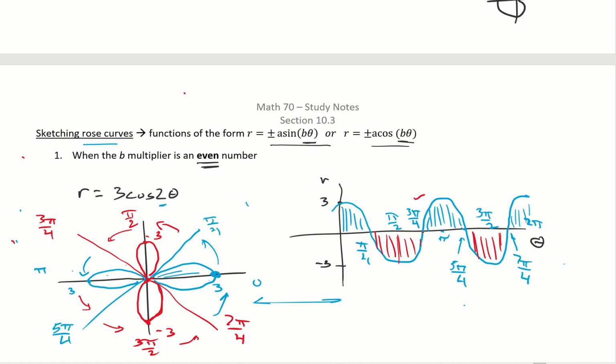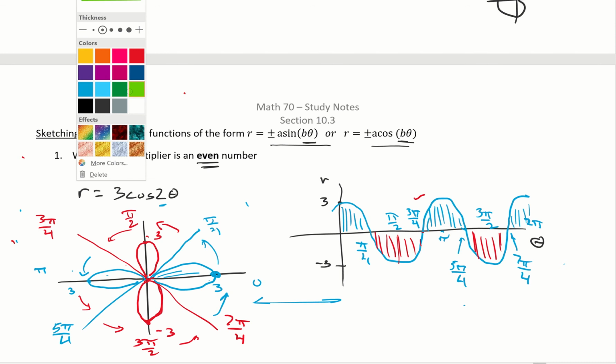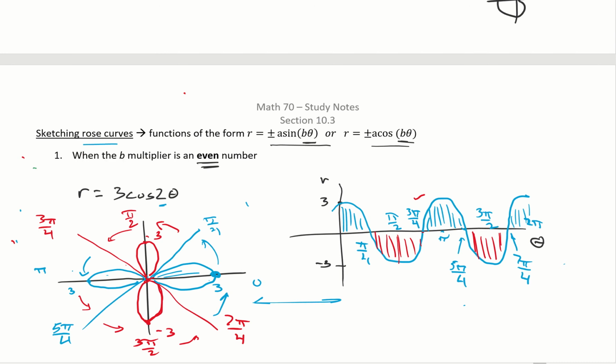And so if you follow the bouncing ball, and I'm just going to do this one time in green, it starts off here and it cruises this way and then down and back up and then around to the left and back to 0, and then on up through negatives and back down, and it finishes its loop. By the time it gets to 2 pi, you've done the entire curve. And it's got 4 petals. Now that's the thing.